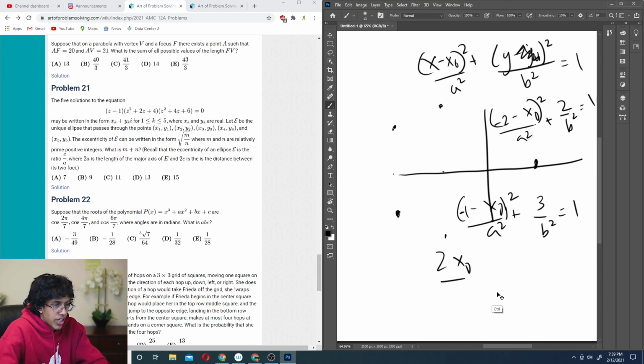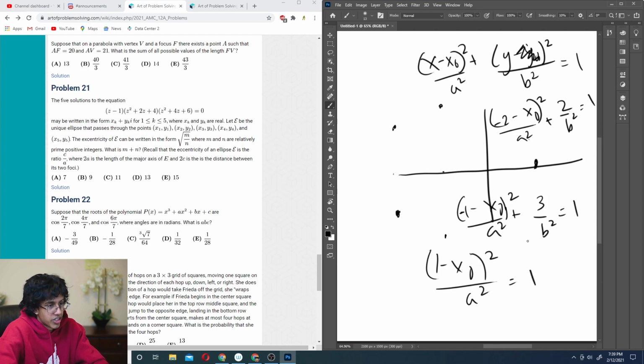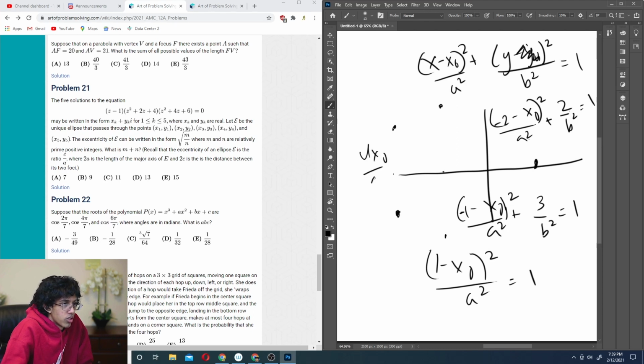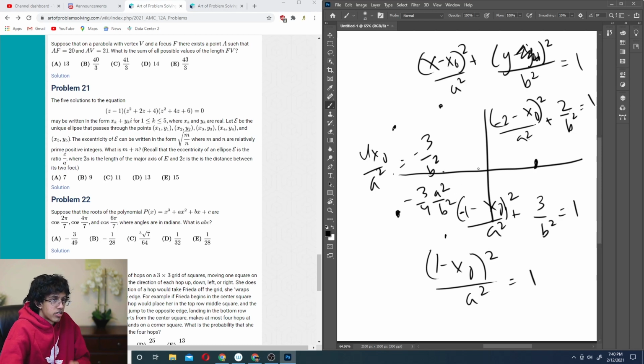Oh, I see. It should be 4x0. 4x0 over a squared is equal to negative 3 over b squared. Alright, then what else could we do? Okay, well, basically we got negative 3/4 a squared over b squared is equal to x0.